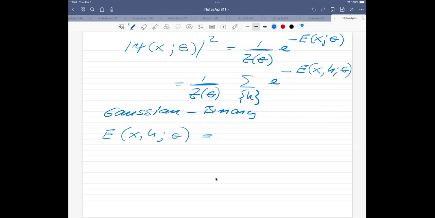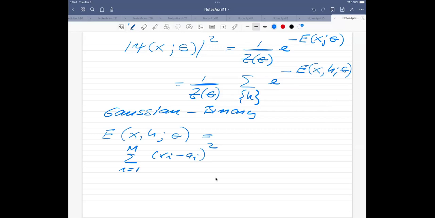And I'm just going to write it out here. It's going to be a sum over i equal 1 up to m of (xi minus ai) squared. Now, the x's can be the positions of the particles. So if we have two particles in two dimensions, as you will see from the example in the notes, then we are going to have 4 visible nodes.